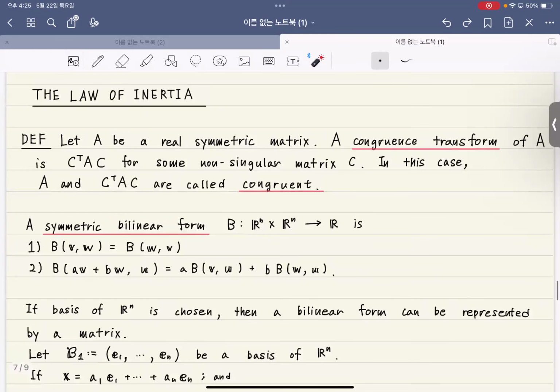The idea is this. First of all, I will need to give you the definition of the congruence transformation. Well, A is a real symmetric matrix, and a congruence transformation of A is C^T A C for some non-singular matrix C. In this case, A and C^T A C are called congruent.